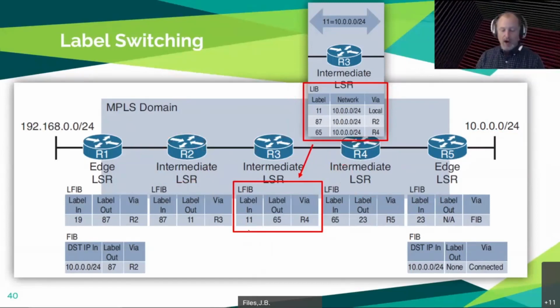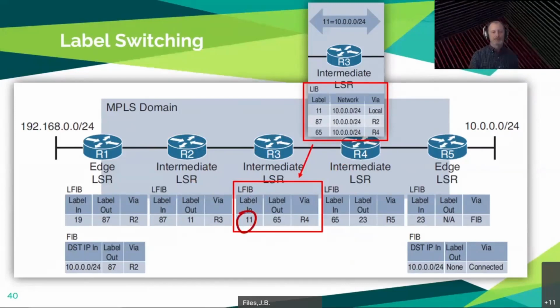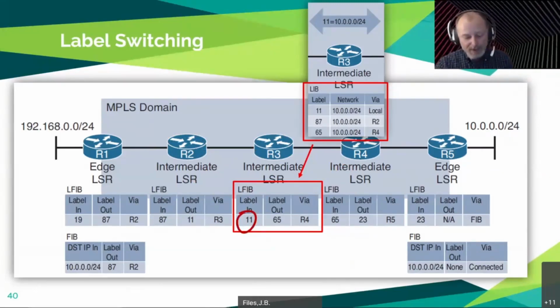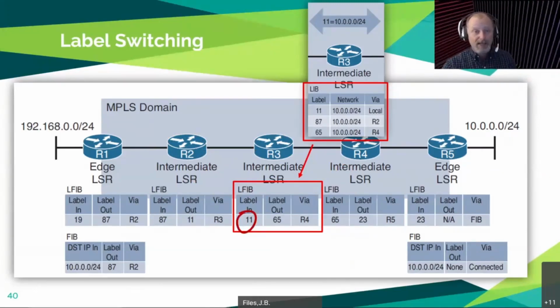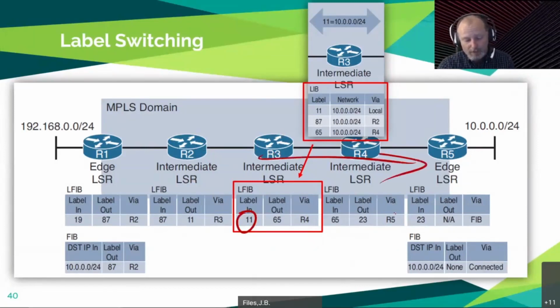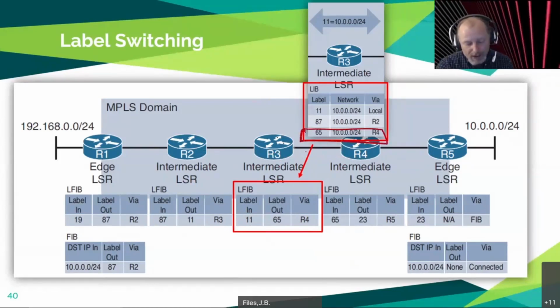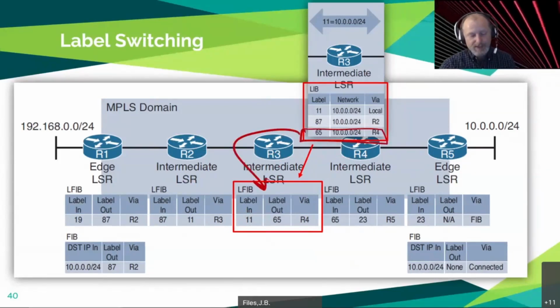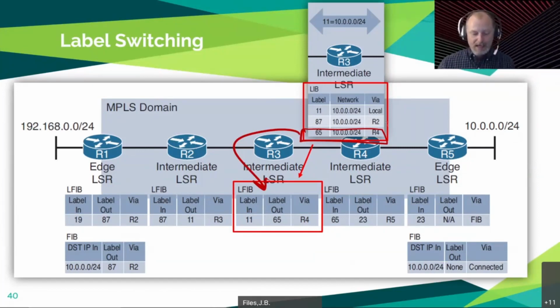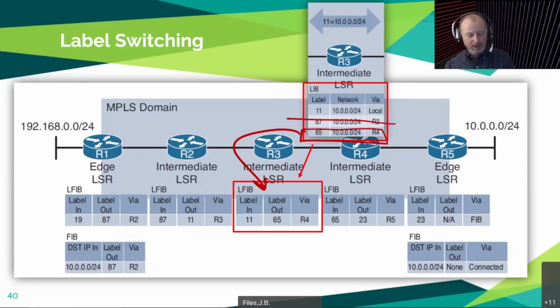So R3 knows, oh, label 11 means it goes to the 10 dot network. Well, I happen to know, based on my IP routing table, that I need to go via R4. So the R4 information comes down here, and we're not going to worry about the R2 information.